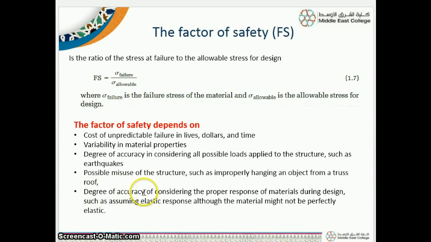Degree of accuracy of considering the proper response of materials during design, such as assuming elastic response although the material might not be perfectly elastic. So these are the factors which we have to consider, or the factor of safety depends on these. You can learn much about this factor of safety in design subjects, which you can learn in your further semesters.